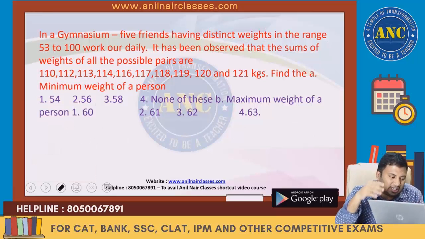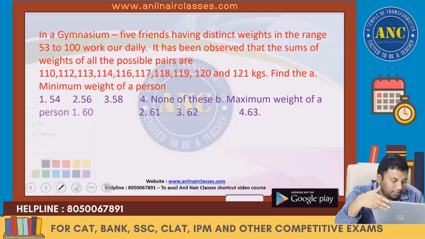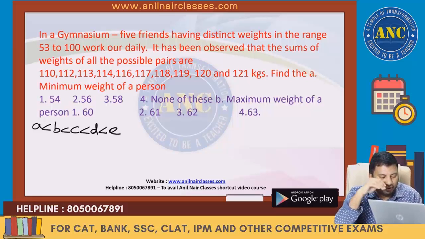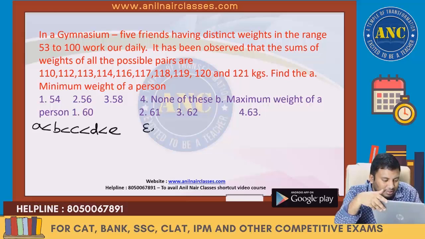Now what are the distinct weights? A is less than B is less than C is less than D is less than E. Now if you observe this example, 1 less than 2 less than 3 less than 4 less than 5.